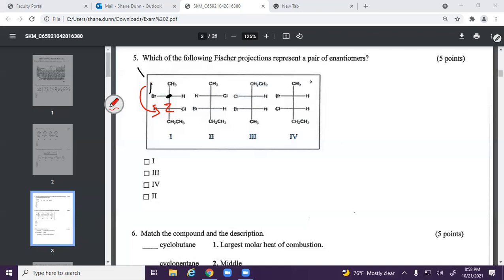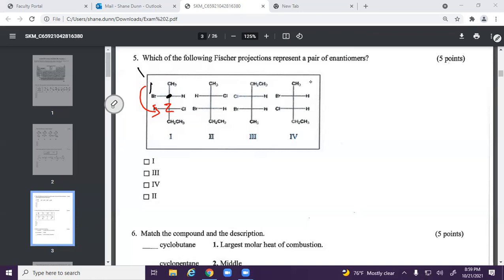So 1 is always the heaviest. The second one is always the second heaviest, right? Where I put 2, that's a carbon. There's also a carbon here, so we move on to the next atom. This carbon is bonded to a chlorine. This carbon is bonded to 3 hydrogens. So carbon with chlorine is much heavier than carbon with hydrogens.